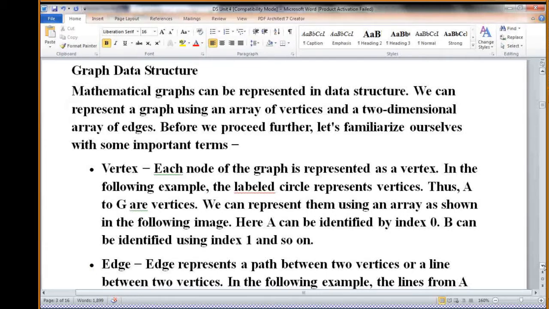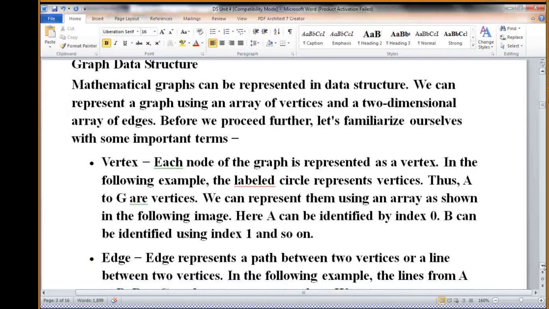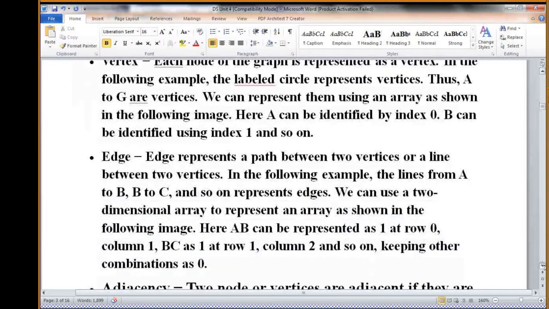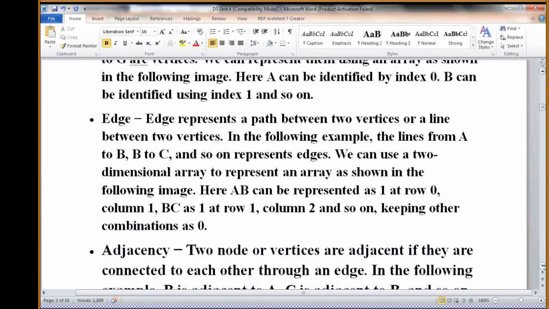Here A is identified by index 0 and B by index 1. So the nodes are 0, 1, 2, 3, like that. Already I showed 0, 1, 2, 3, 4 that can be represented as A, B, C, D like that also. The first one will be identified from 0 to n.